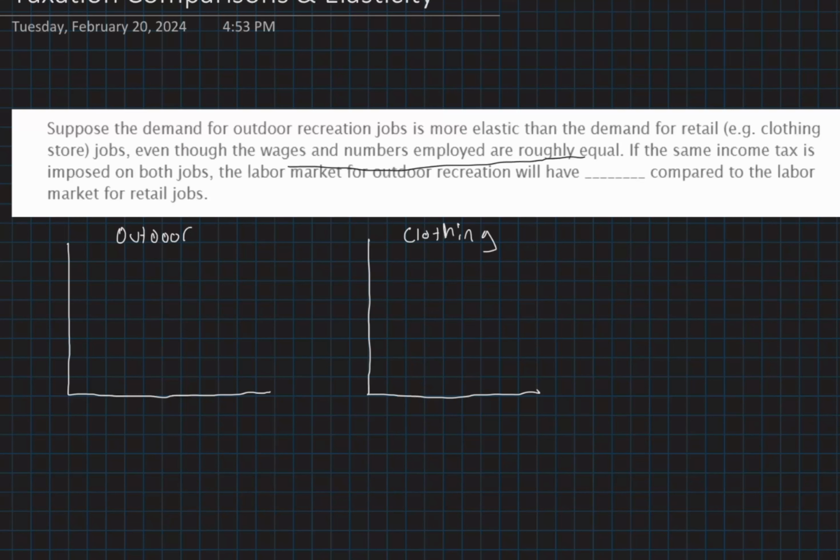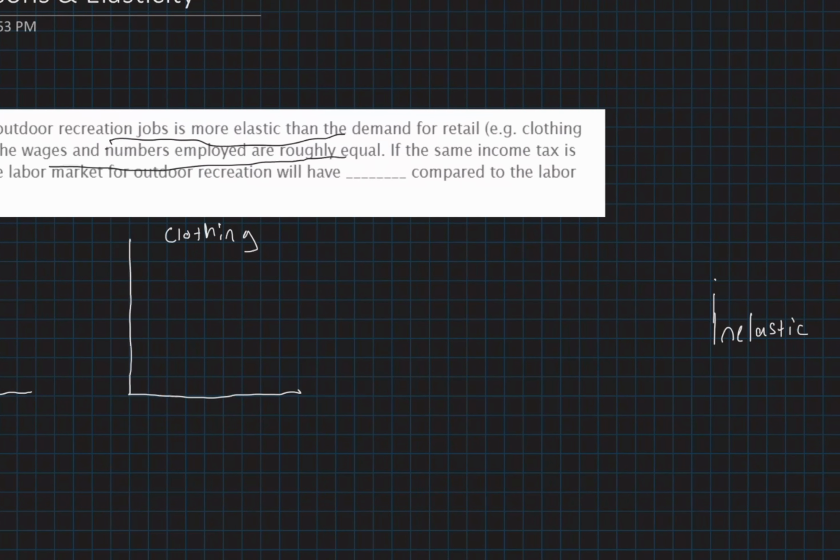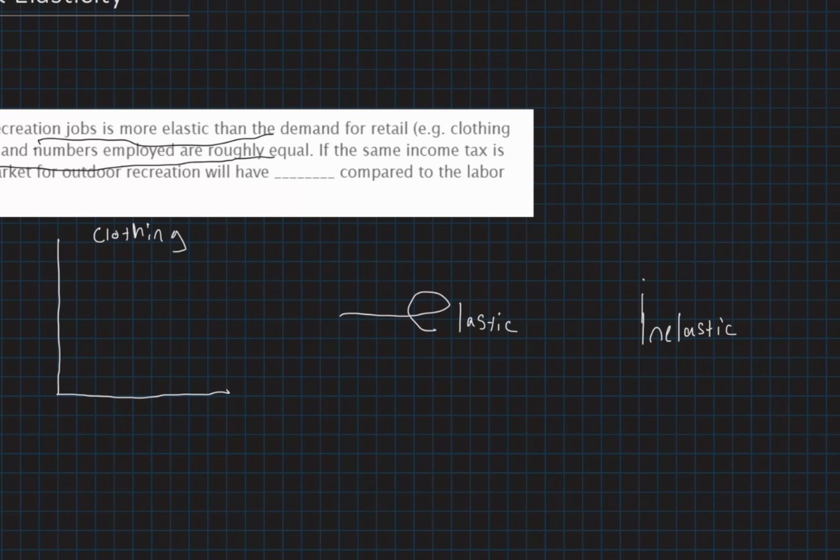And there's also recreation jobs is more elastic. So just so you remember, elastic is horizontal. The line is more horizontal, while inelastic is more vertical, right?